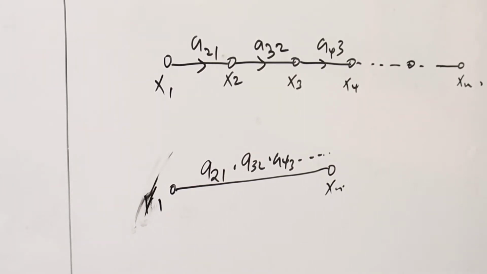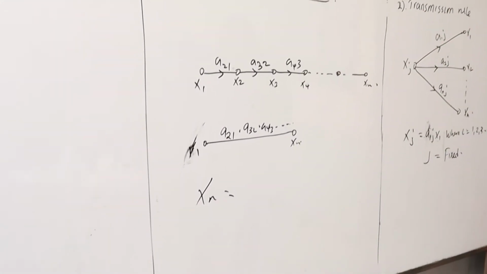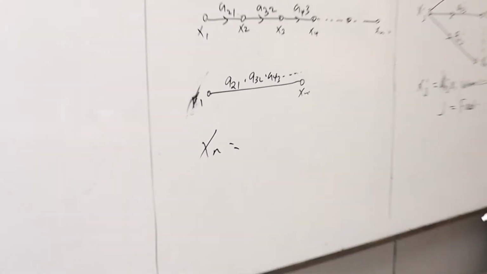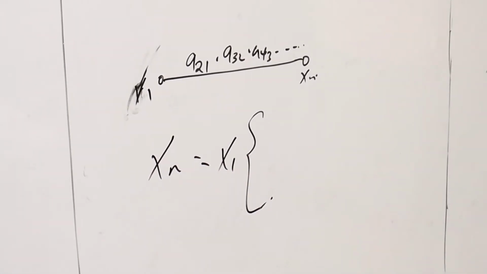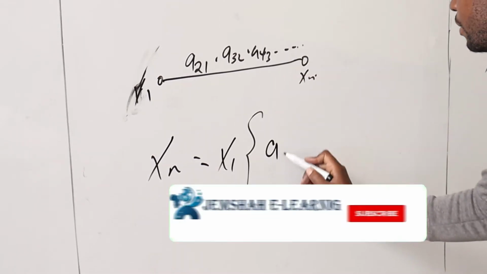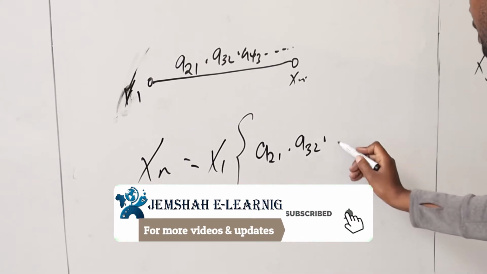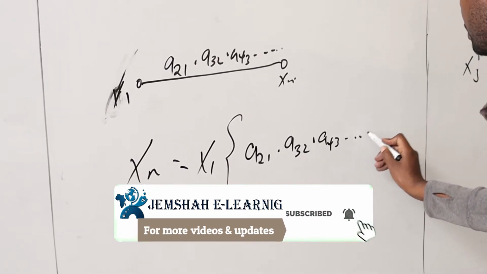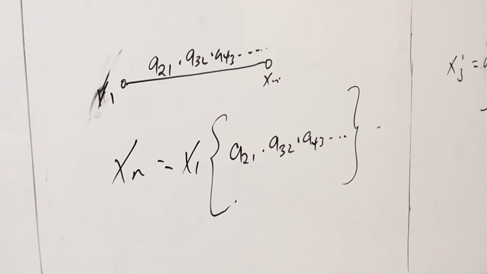Or you can still say that xn in this case can be given by, we can multiply x1 into A21 dot A32 dot A43 and so on, and that is now what xn is all about.